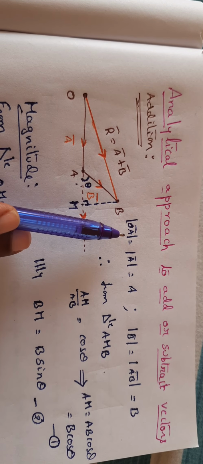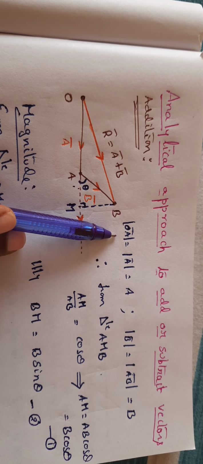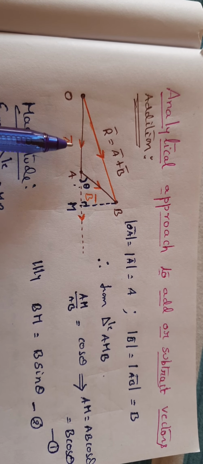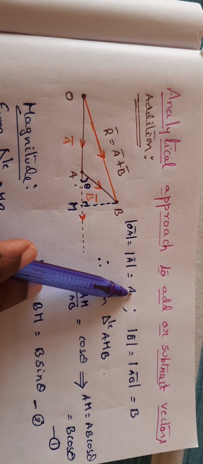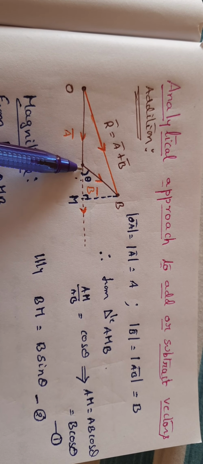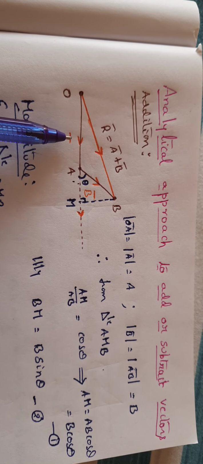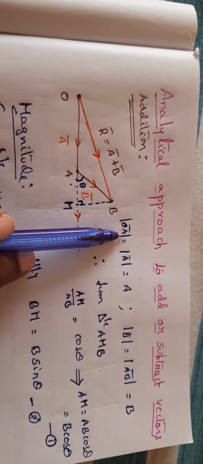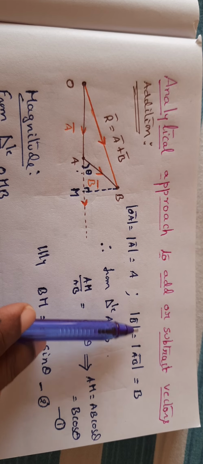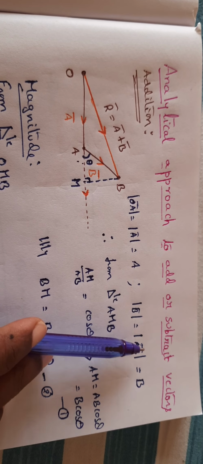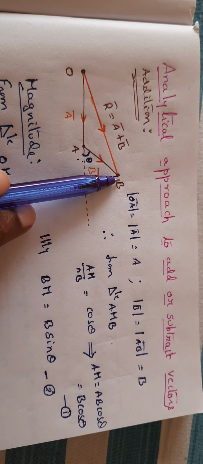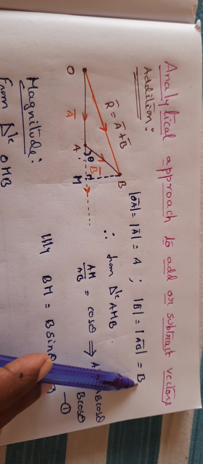And now, from the magnitude of the vectors, we have seen already that modulus of A bar can simply be written as A, or the size of the line segment which is representing the vector, that is OA. Right, magnitude of B bar, that is modulus of B bar, is equal to the size of the line segment representing it, which is AB, which is equal to B.